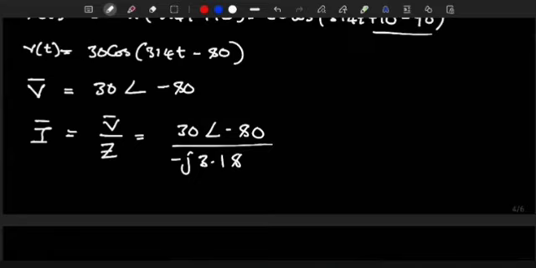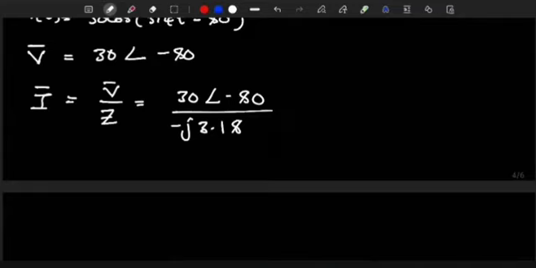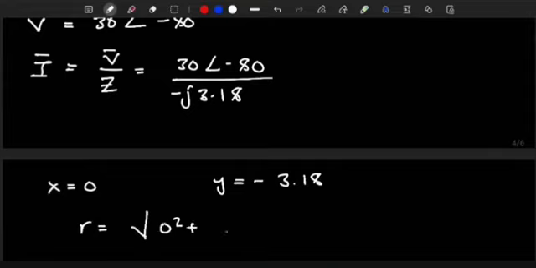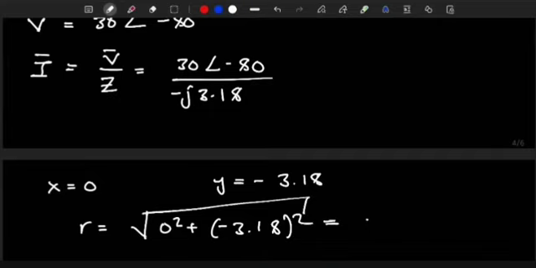Currently it is in rectangular, so the real part is 0 and the y part is minus 3.18, the imaginary part. So the peak value is the square root of x squared plus y squared, which is 3.18.